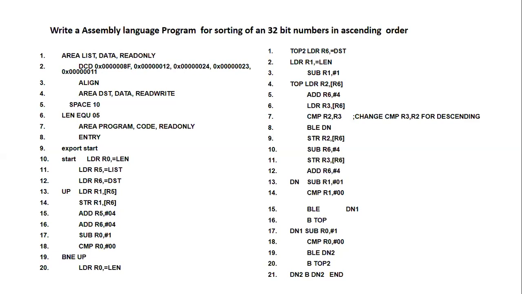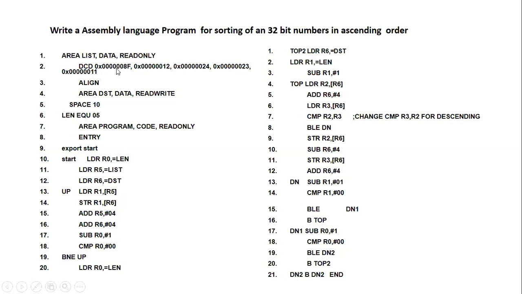Next, coming to the code memory. We are defining the code memory in which we are writing the program. First we will initialize R0 with the length, R5. First we will do the copying process from the list.